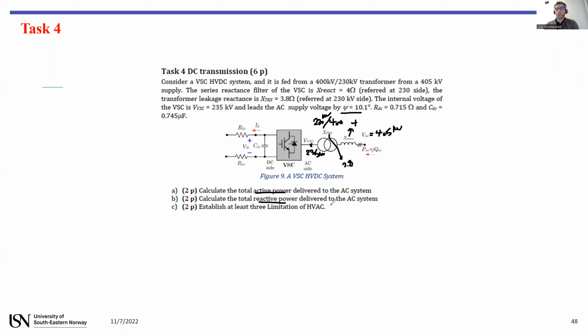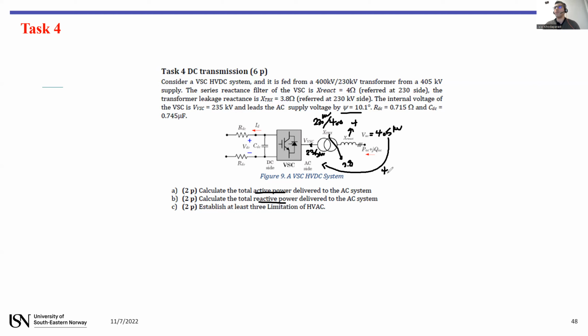So let's solve them. First you have to know that this voltage is on the right side of the transformer. Suppose that you want to calculate the whole system on the left side, you have to convert this voltage to the other side.